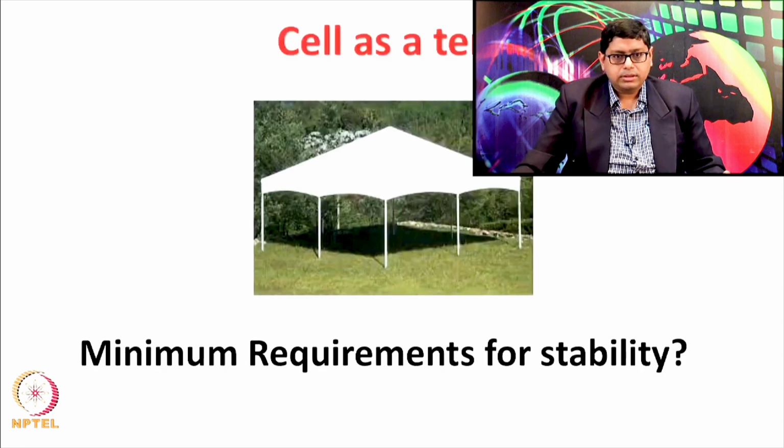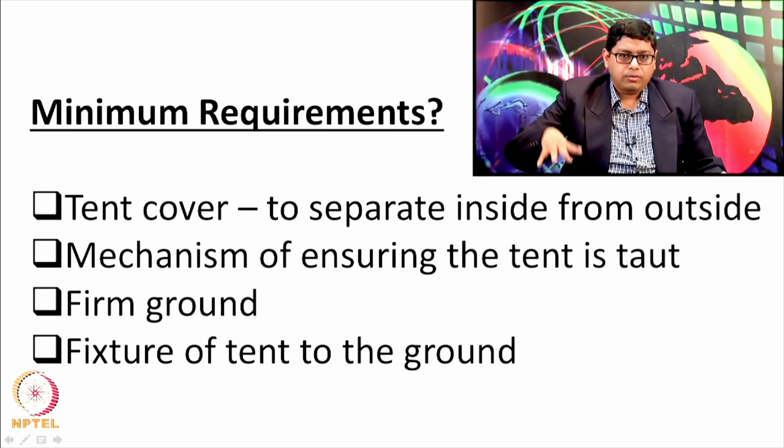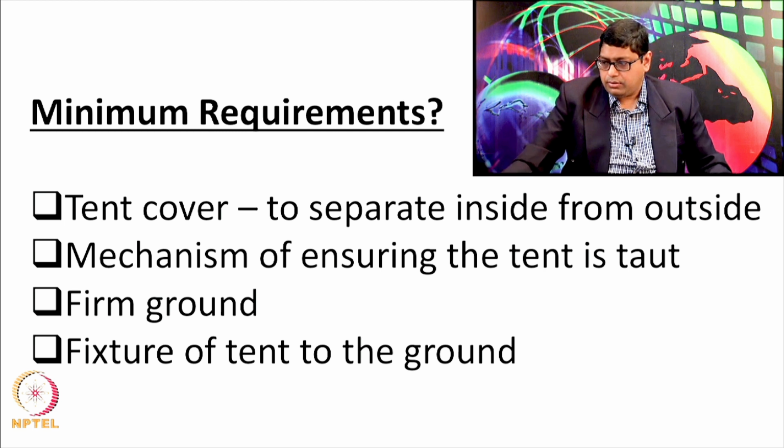And of course, this has to be firm ground. You cannot put this tent on water or something where the tension required for making sure that the tent is taut cannot be sustained. And of course, you need to fix the tent to the ground. So, what are the biological equivalents of these four entities?